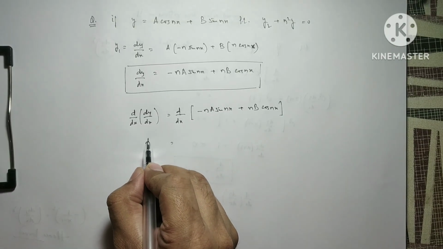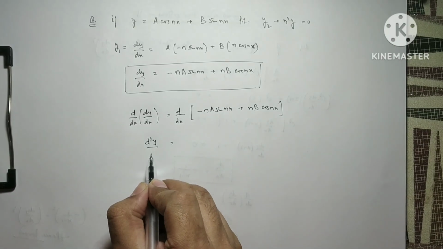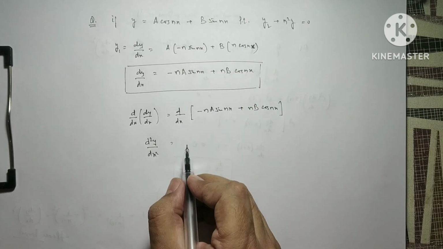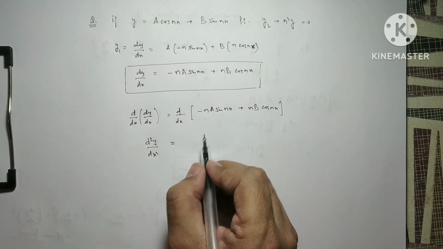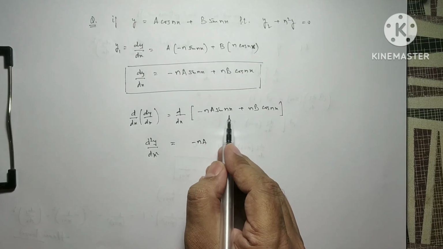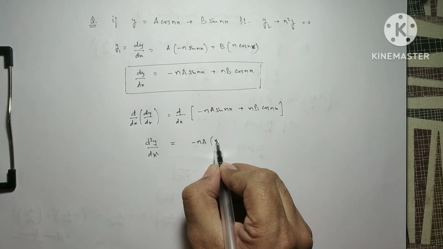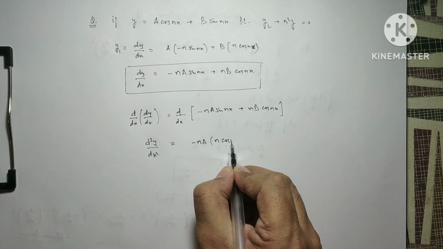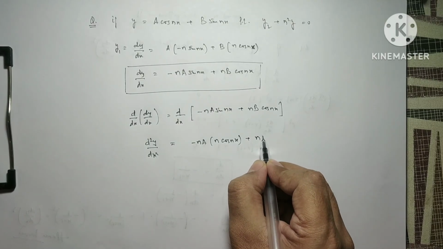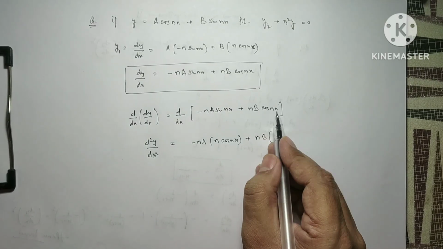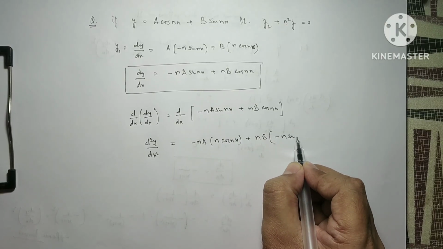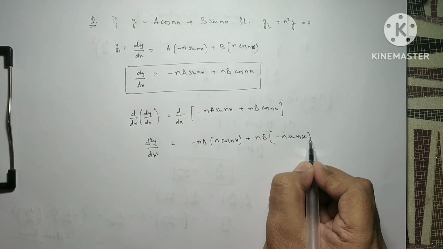So the left hand side becomes the second order derivative d2y over dx square. On this side you get minus na, and the differentiation of sin nx is n cos nx, then nb, and the differentiation of cos nx is minus n sin nx.